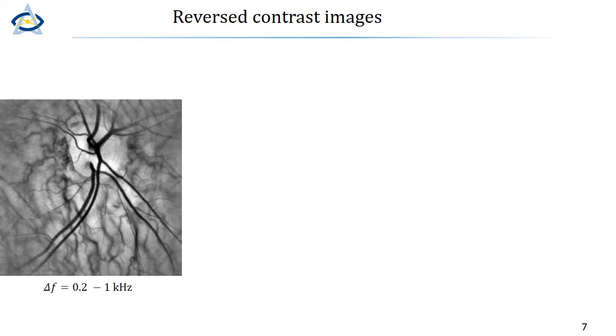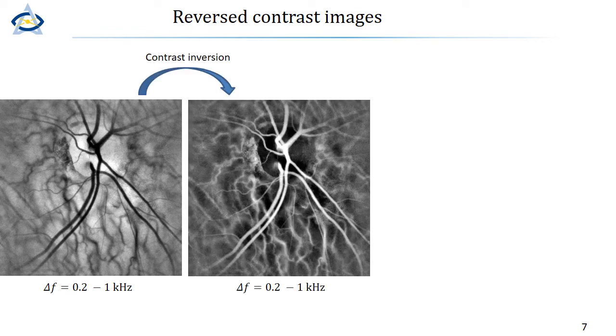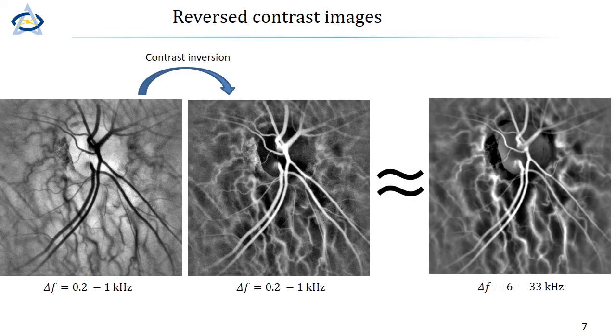So let's reverse the contrast of some images here. Here we still have our 0.2 to 1 kHz power Doppler image. We reverse the contrast and we compare it to the 6 to 33 kHz power Doppler image, and we see something very similar.